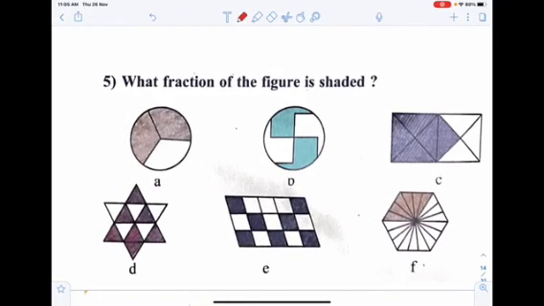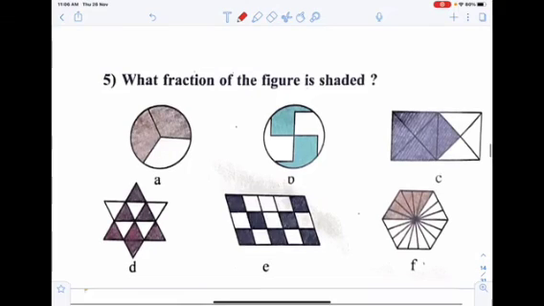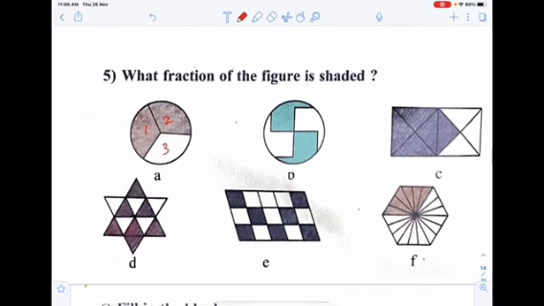Now, considering the fifth question, we have already discussed this, but again, it is there in the textbook. What fraction of the figure is shaded? Now, we have these figures, 6 figures mentioned here. The first one, we need to write what fraction of the figure is being shaded. In this, if you consider 1, 2, and 3 equal parts being divided, the figure is divided into 3 equal parts, then 2 out of 3 parts is being shaded.